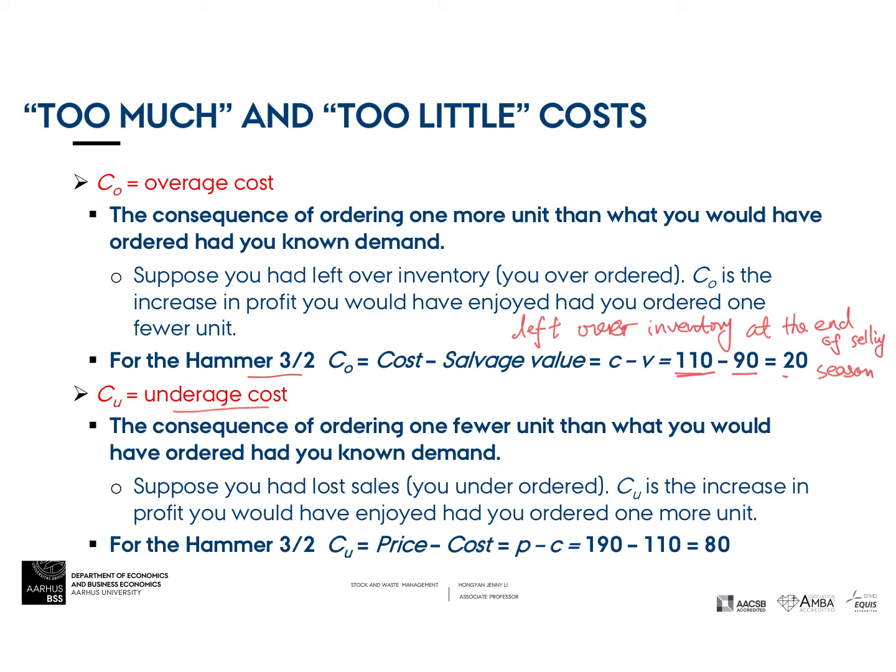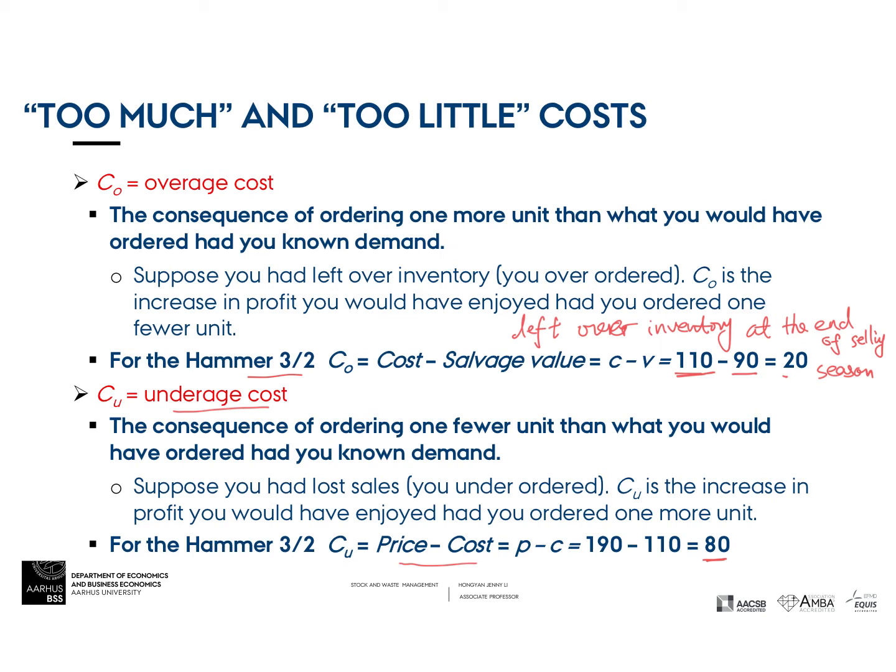Then what's going to happen? You have a lost sale, and the loss you actually made is the price minus cost. In other words, if you had ordered one more unit, you would achieve a profit of $80 for this unit. That's the underage cost.